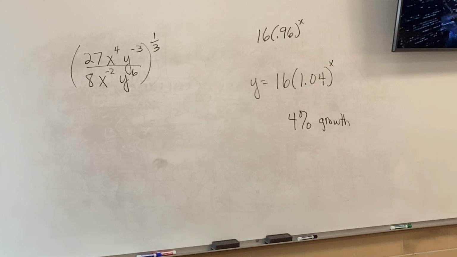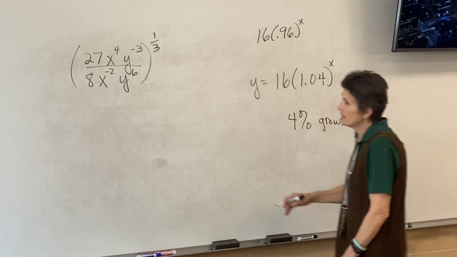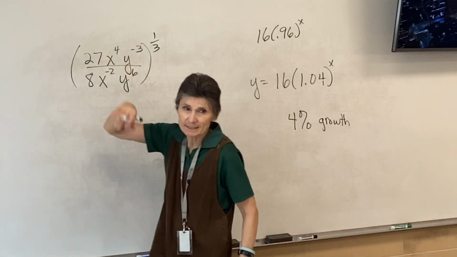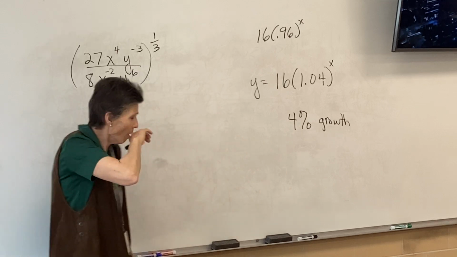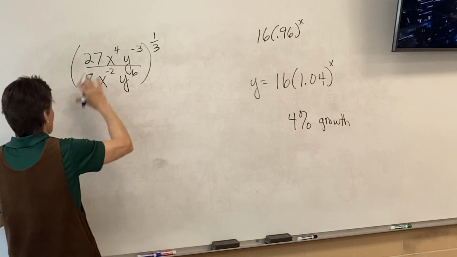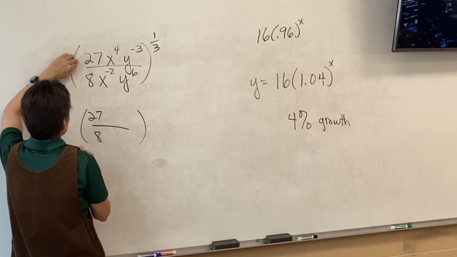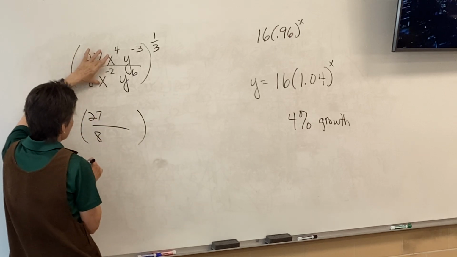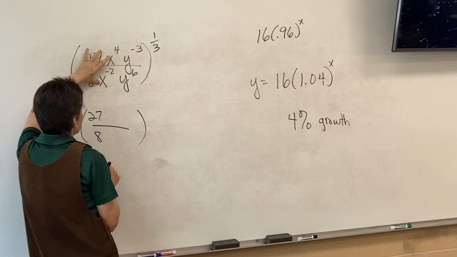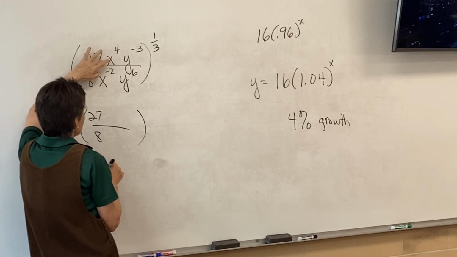Distribute the 1/3 to everything? You know what? Yes, I can do that, Jacob. This is a mess in here. I think I'm going to clean that up first so that I don't have as much to distribute. Obviously my 27 over 8, nothing happens. What happens here with the x's? These go up.